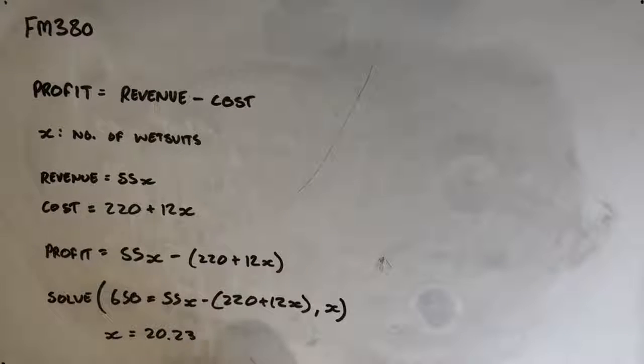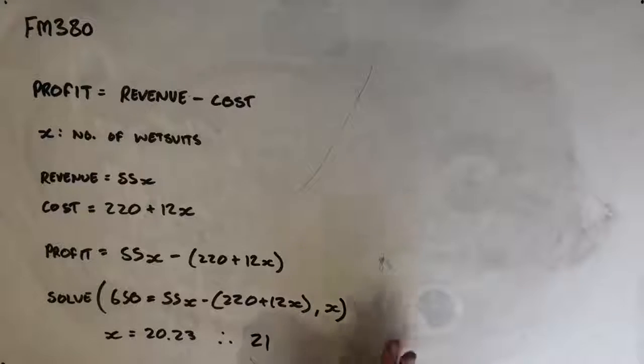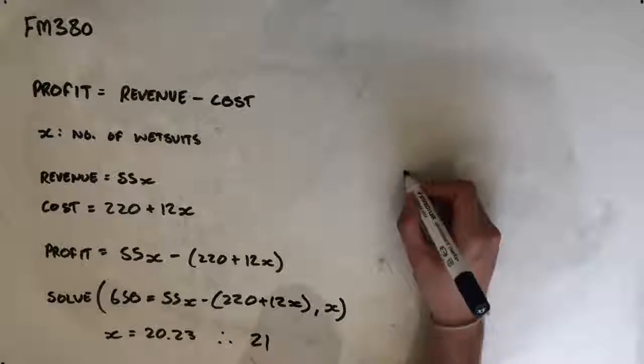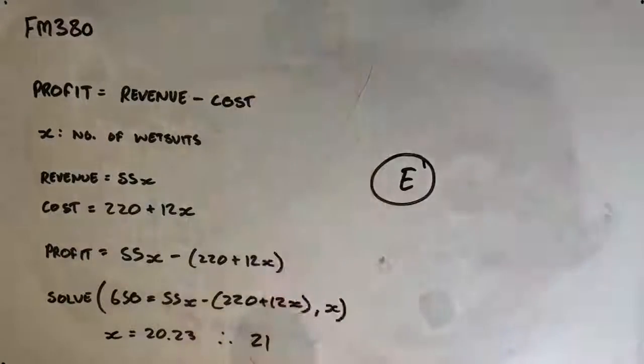This is impractical, but it's also telling us that 20 wetsuits would be too low, which means, therefore, he needs to sell 21 in order to make at least $650. He'll make more than $650 in profit selling 21, but the question did say at least. So, since 21 is our answer, that means our answer is option E.